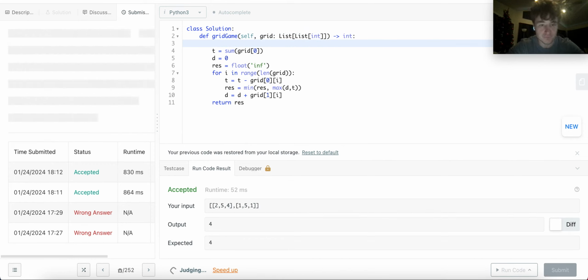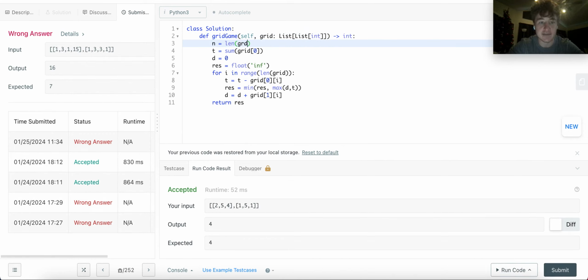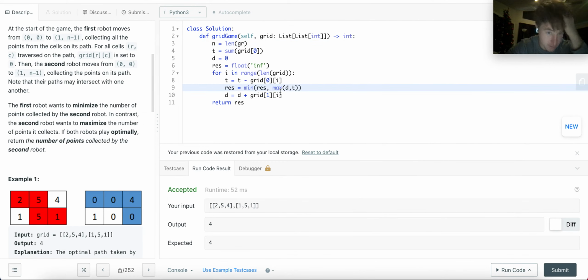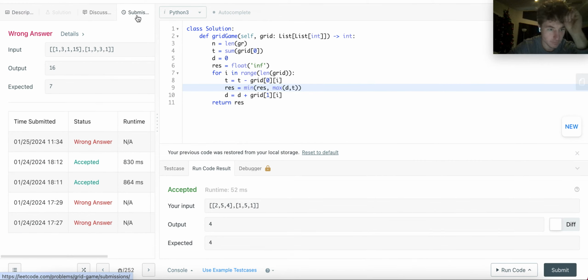Okay, so let's say n is the length of. Look at that, guys. Talk too quick. Why is that wrong? Oh, well, you never get, well, that doesn't matter because you never add that in.